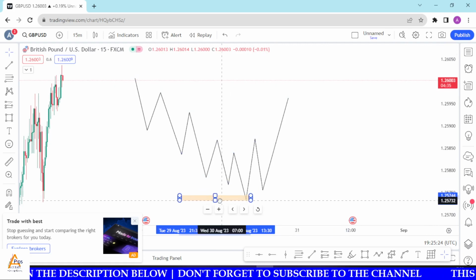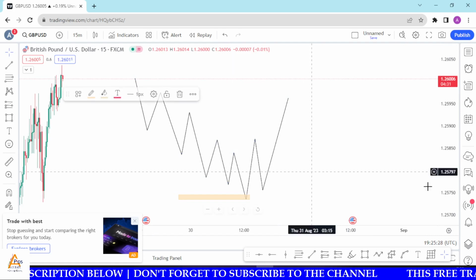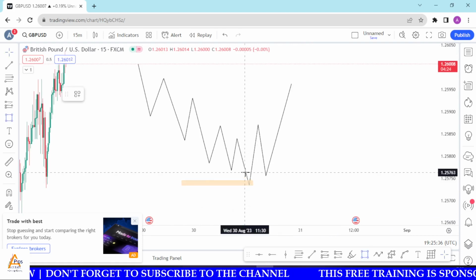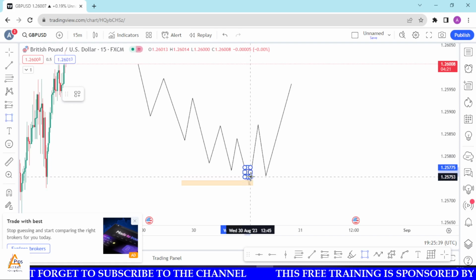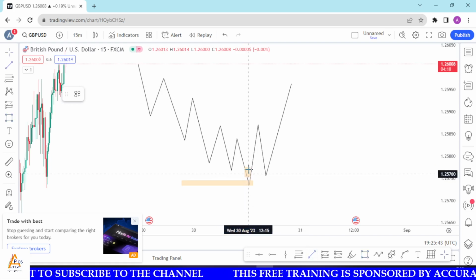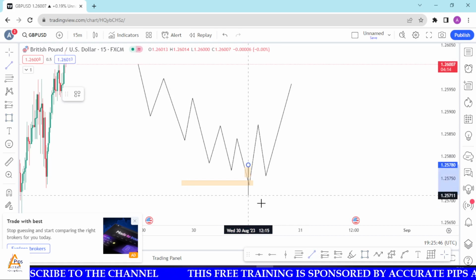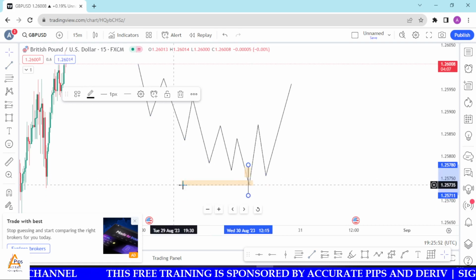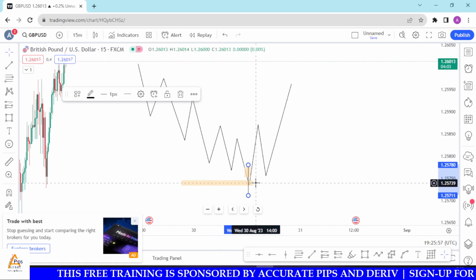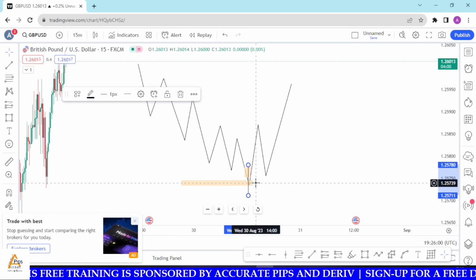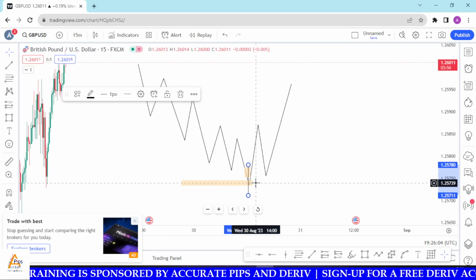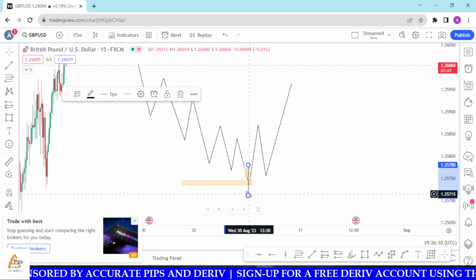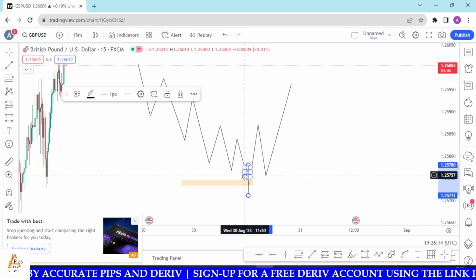Now, what I told you guys was that if a candle has its wick sweeping through the order block, or let me say not order block, let me say point of interest, an IFC, previous day high, previous week high, previous week low, previous day low. Let's say we have a sweep, and then the body of the candle closes above this.